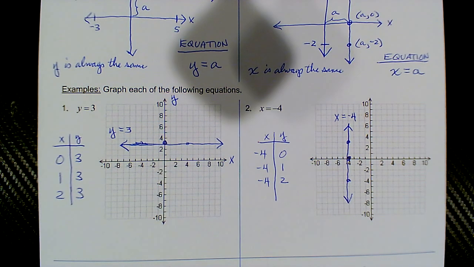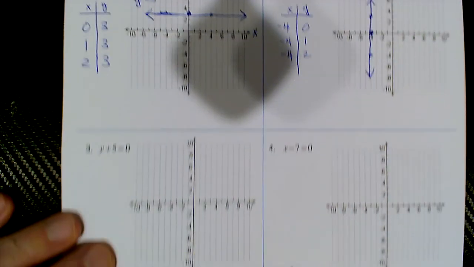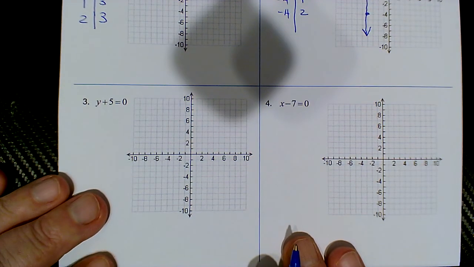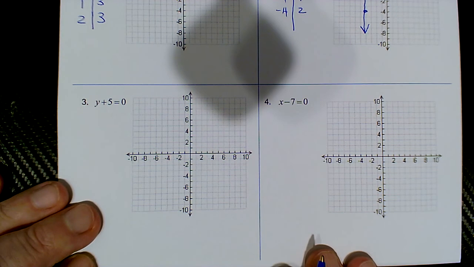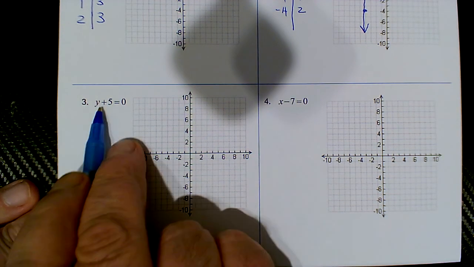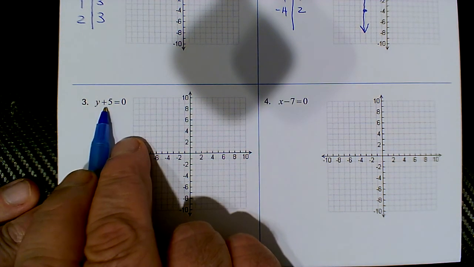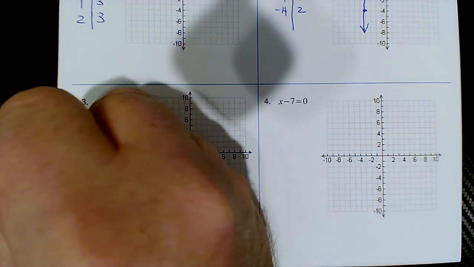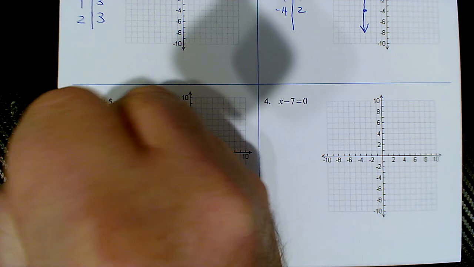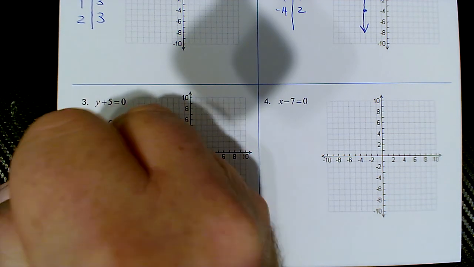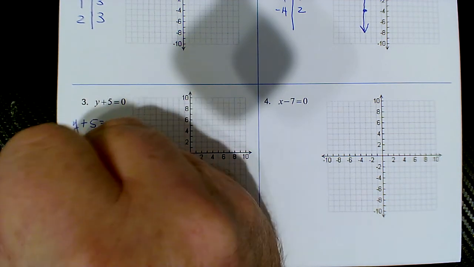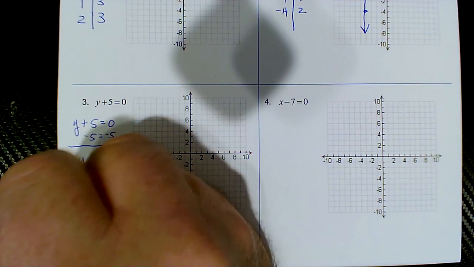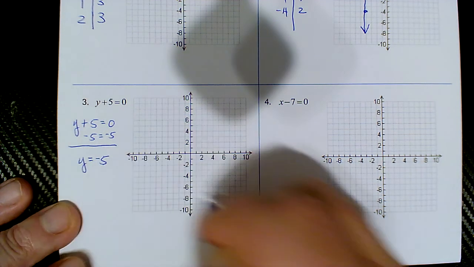And so in number 3 and 4, they're disguised a little bit, but the same concept. Notice that x is missing here, and notice that y is missing here. So first obtain the standard form by solving for y in this case, by subtracting 5 from both sides. So y is negative 5.